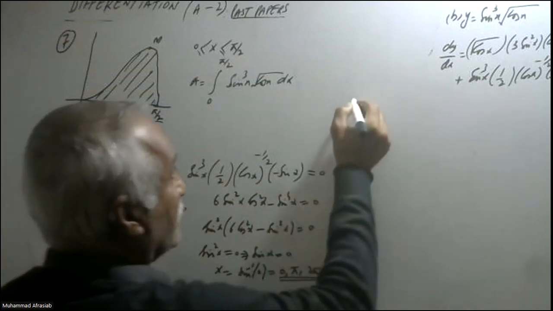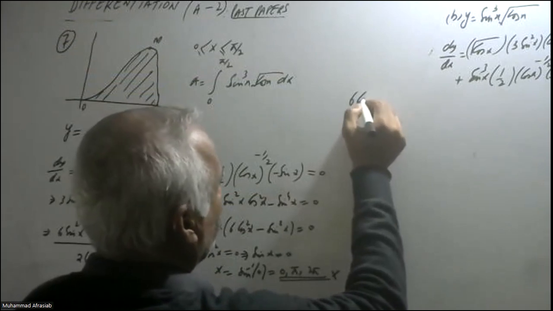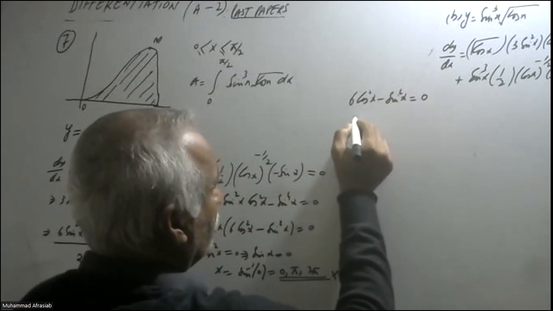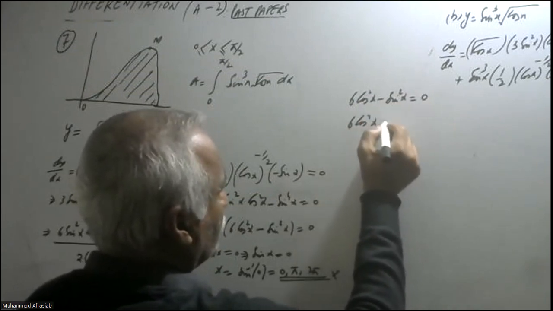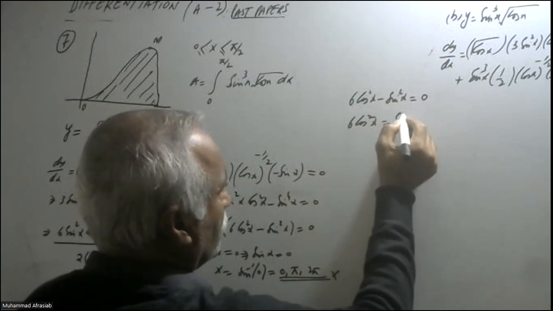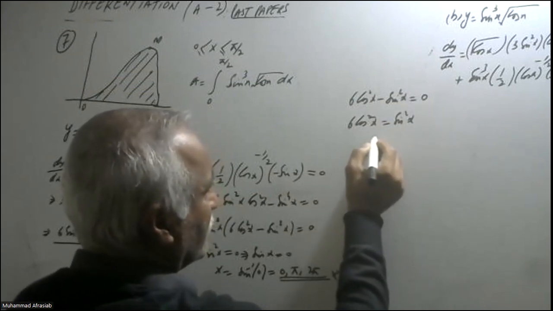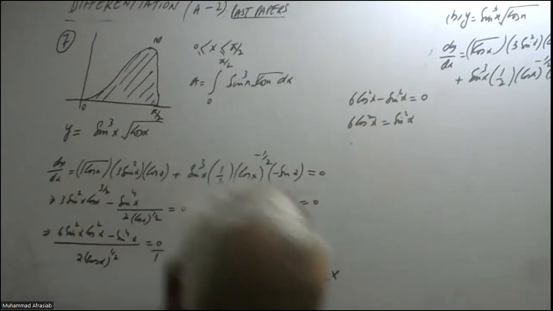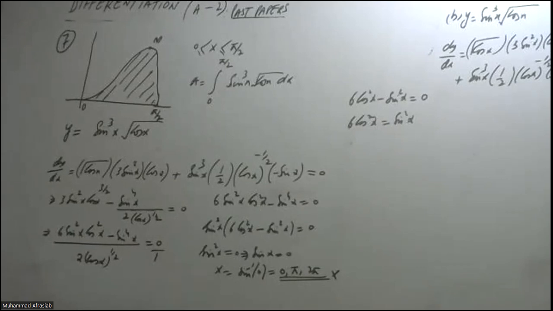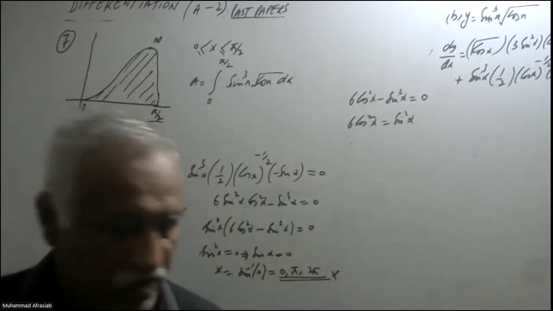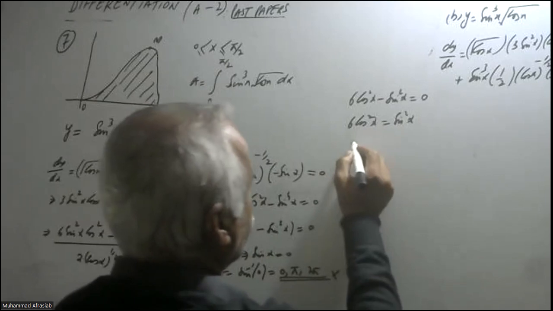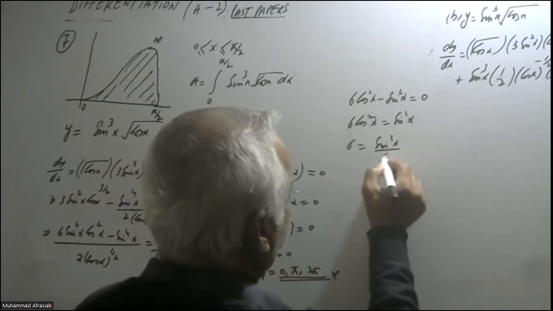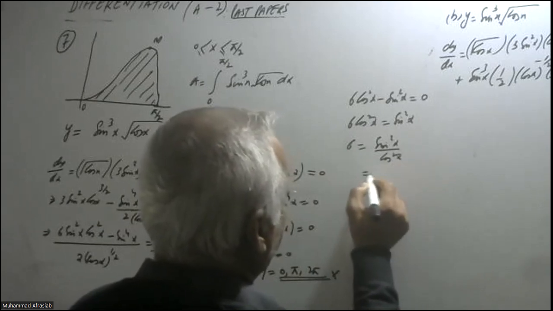Then 6 cos square of x minus sine square of x is equal to 0, or 6 cos square of x is equal to sine square of x, so this is going to be equivalent to 6 is equal to sine square x over cos square of x.